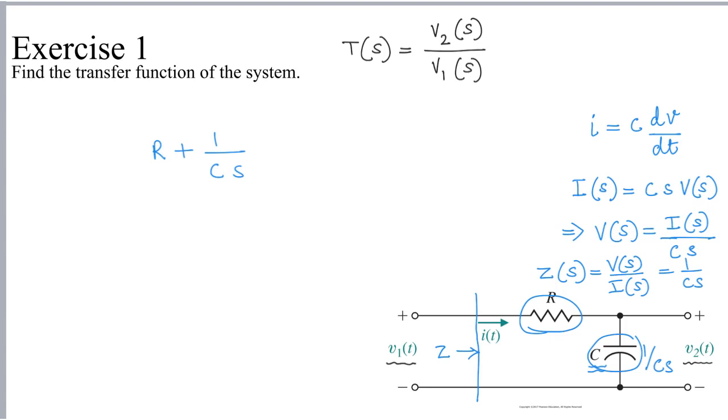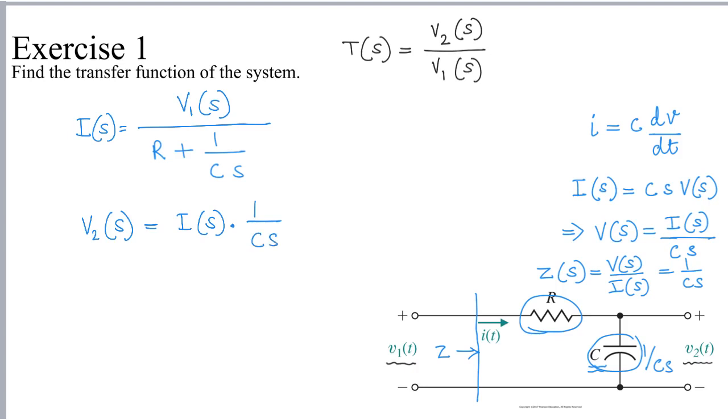The voltage V1(s) divided by the impedance gives us the current I(s). We can also see that V2(s) is equal to I(s) times 1 over Cs, because this voltage V2 is the voltage across this capacitor, and the impedance of the capacitor times the current gives you the voltage.